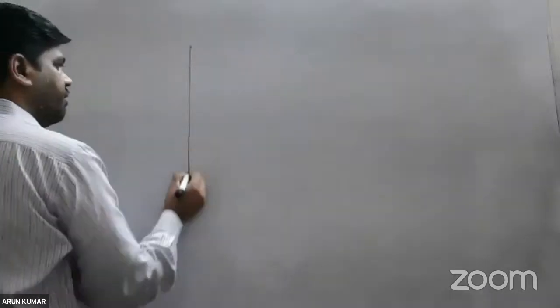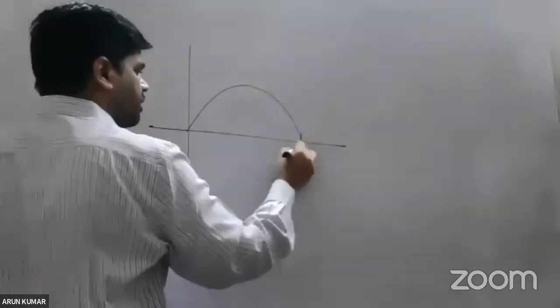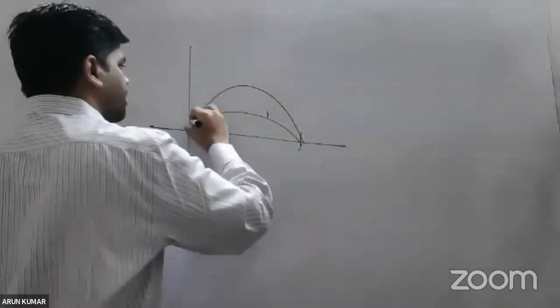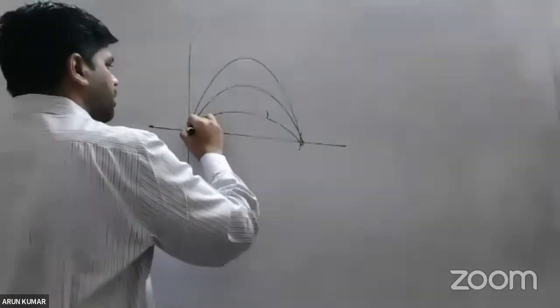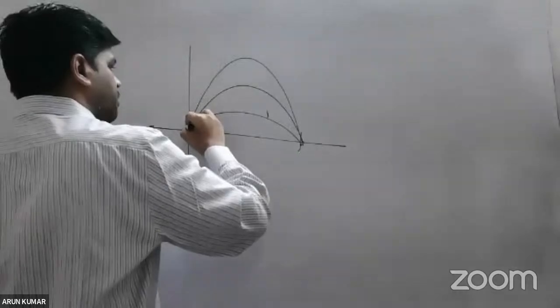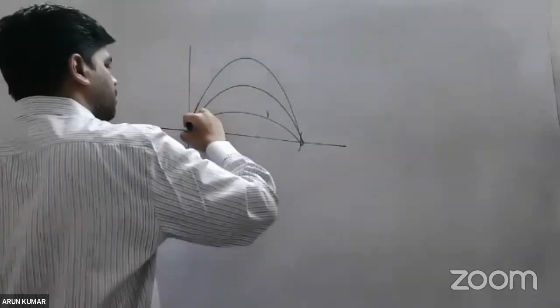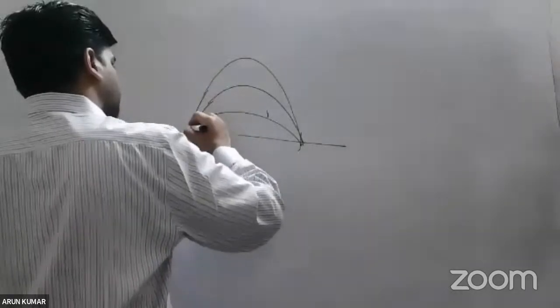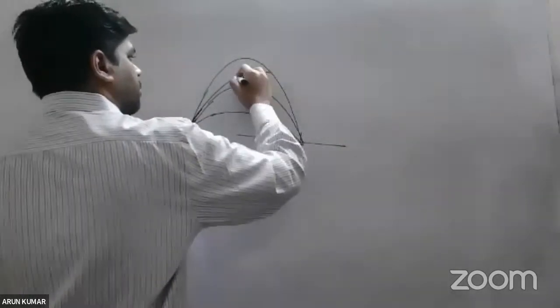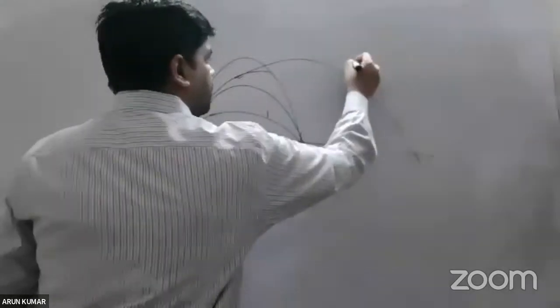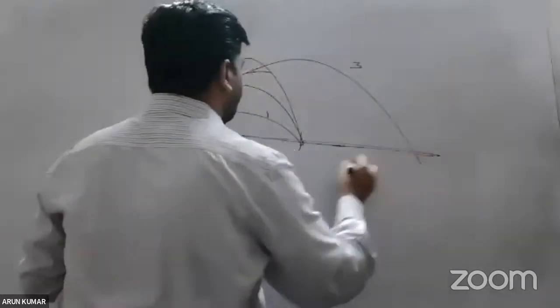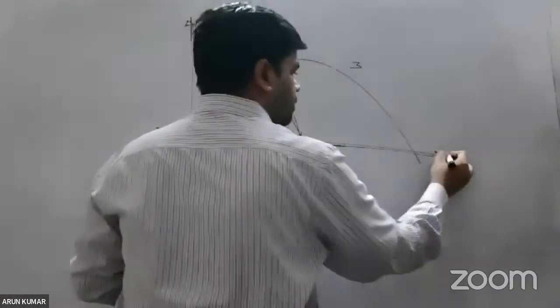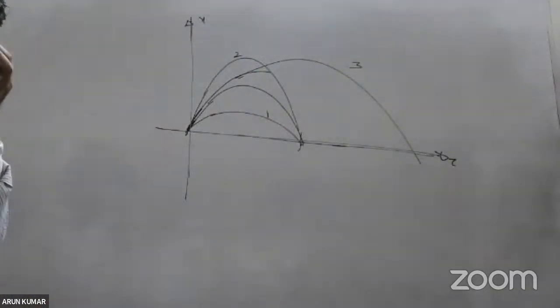Okay, now look at the xt graph. ఇంతకు ముందు xt గ్రాఫ్ ఇలా ఉండే, రైట్? ఇప్పుడు xt గ్రాఫ్ ఇలా ఉంటుందా, ఇలా ఉంటుందా? 1, 2 and 3, xt గ్రాఫ్ ఎలా ఉంటుంది?